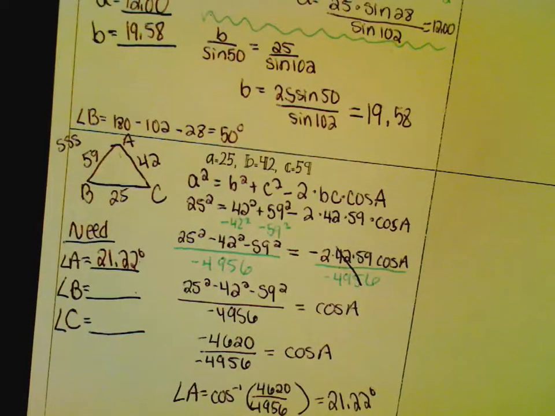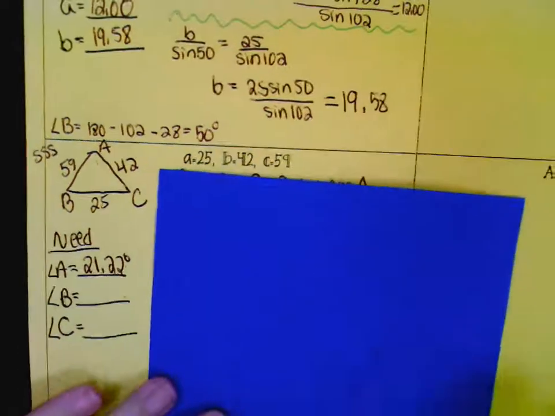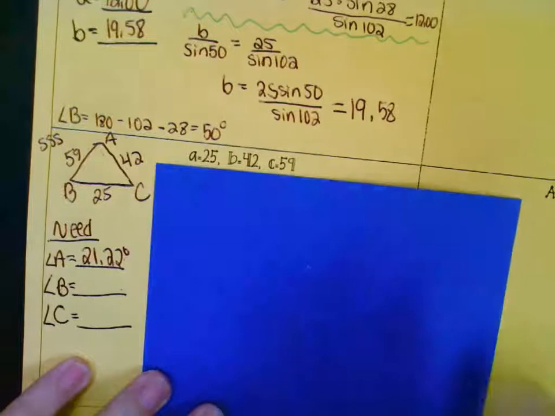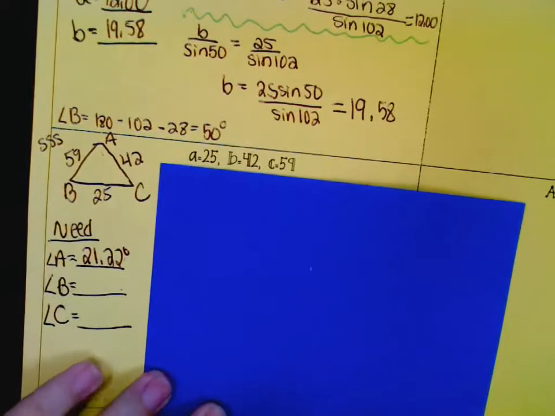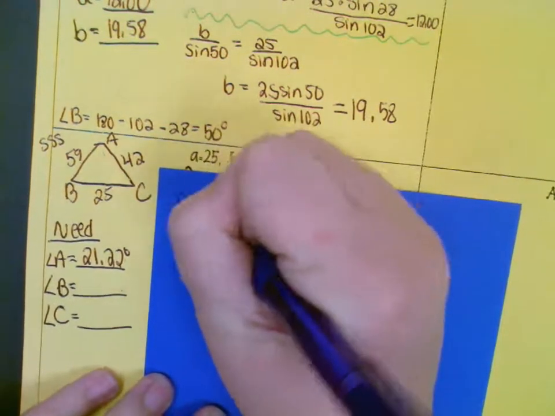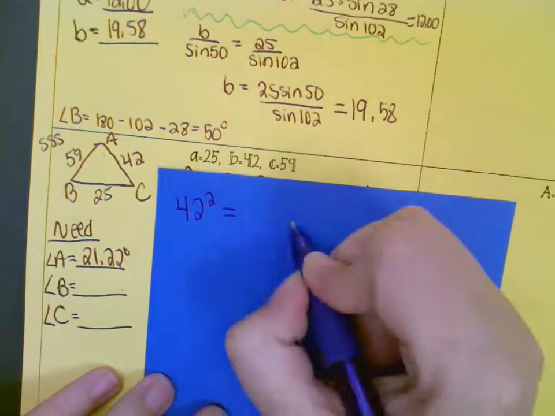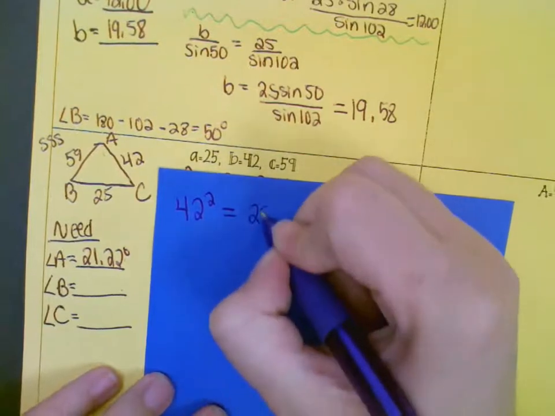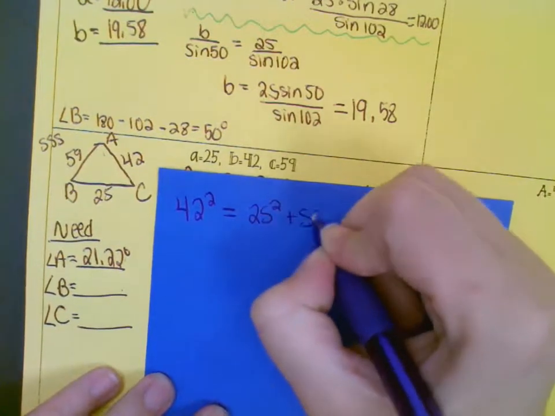Okay, so now we're going to set the same thing up, but we'll do angle B next. I'm going to set it up, and then I want you to work it out by yourself, and when you come back, I'll give you the answer. If I'm looking for B, I'm going to put B on that side by itself, then the other two sides go here, so that would be 25 and 59.